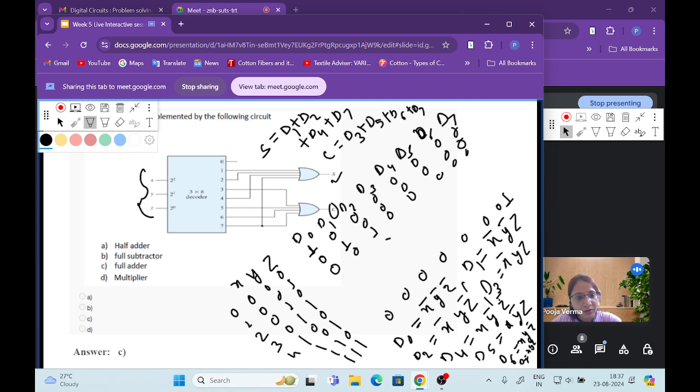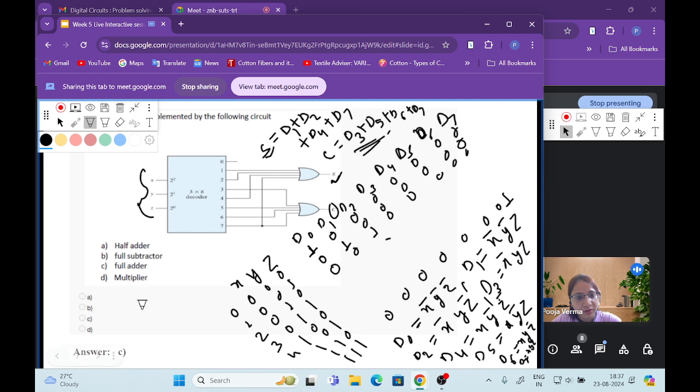So from here we can get it directly, because it is clearly written what the following circuit implements. It is given half adder, full subtractor, full adder and multiplier. So from here also we can say that S is the sum bit of the full adder, right? And carry is the min terms of the carry of a full adder.